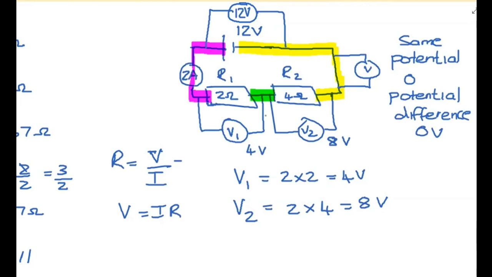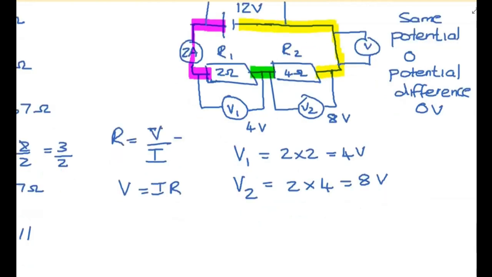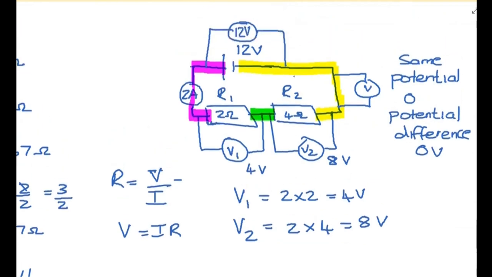If I look at the rest of my circuit, any charged particle gave away energy going from yellow to green, and that was 8 volts, and then from green to pink, and that was 4 volts, which means in total, the charges gave energy away of 8 plus the 4, which then takes me back to my 12.